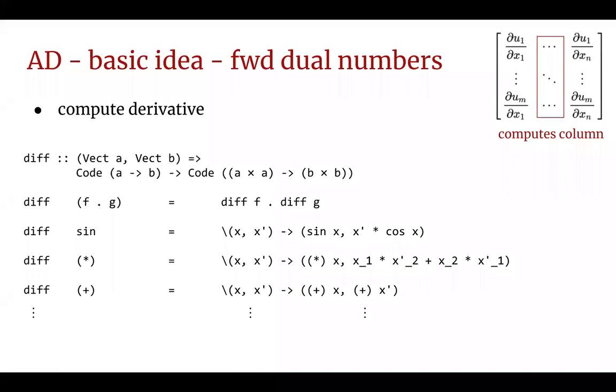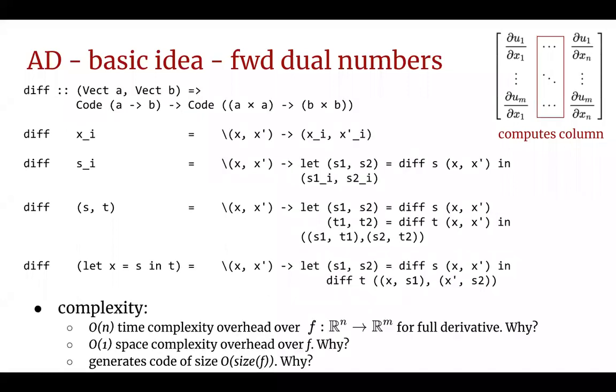Okay. And if you look at how this algorithm then extends to programs that are built with let bindings and tuples, and that sort of thing, you'll notice something very funny. Namely, this algorithm really just preserves the structure of your original program. You'll notice that the derivative of a tuple is just a tuple of the derivatives, right?